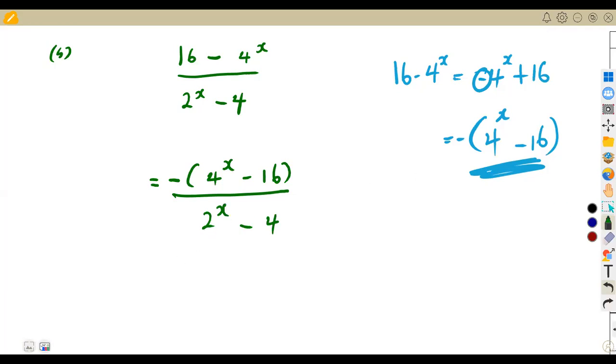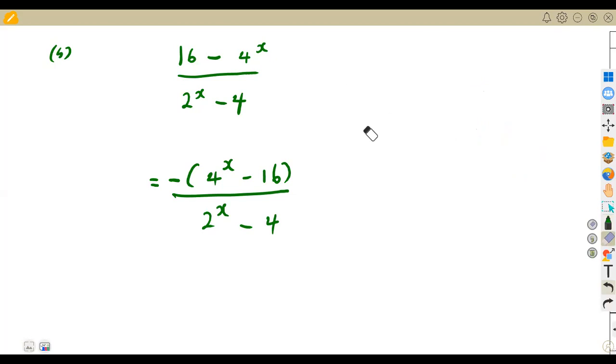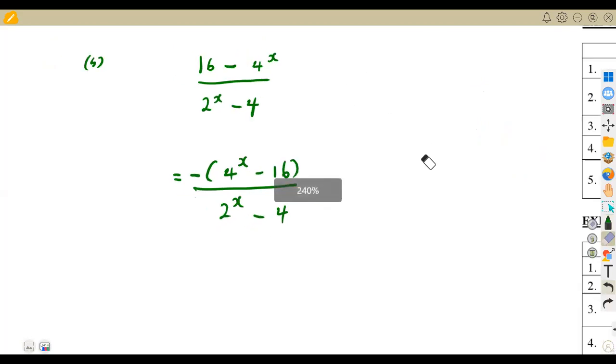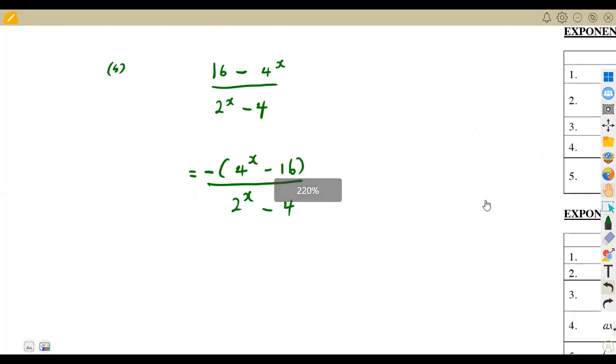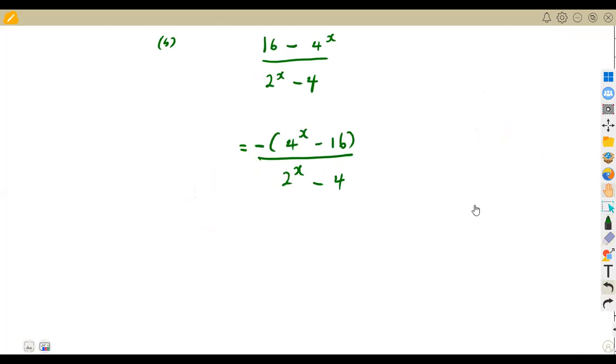Okay, this is where we are now. We have made this positive. This is our aim. But what is it that we are going to do now? How can we simplify further? Okay, let's consider this. We can see that the 4 can be written as, again, 2 to the exponent of 2, but being raised to the exponent of x.